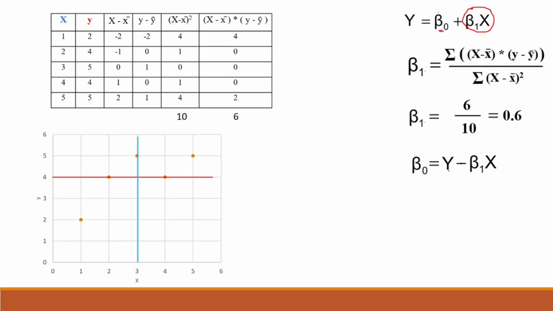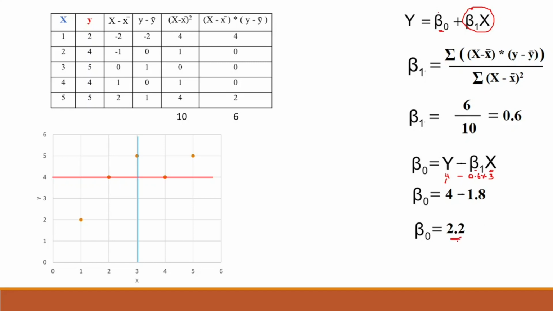So we already know the mean value of y, which is equal to 4, right? And the b1 value we have just calculated is 0.6, and x bar represents the mean value of x. So I'll be able to get this value, that is 4 minus beta 1, which is 0.6, into the mean x value, which is equal to 3, which is nothing but 1.8. Okay, so 4 minus 1.8 is nothing but 2.2.